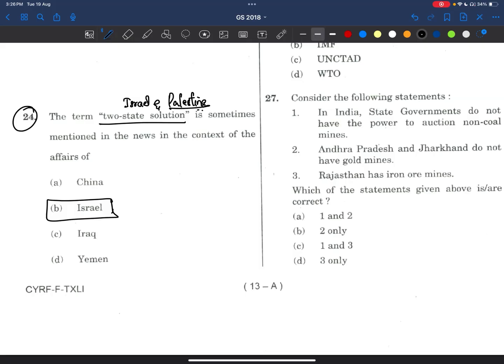So it is about the two-state solution. Even in the United Nations, a resolution was passed, resolution number 1397 in 2002. It was supported by the USA also. This resolution has agreed upon the two-state solution, that is, both Israel and Palestine should exist.